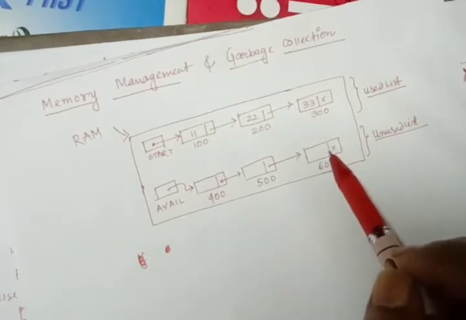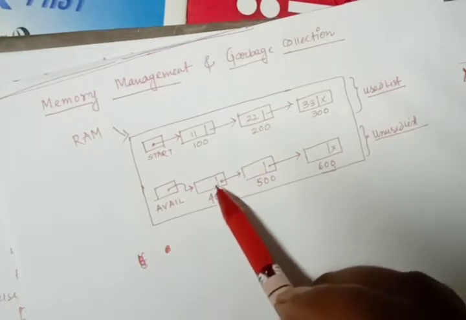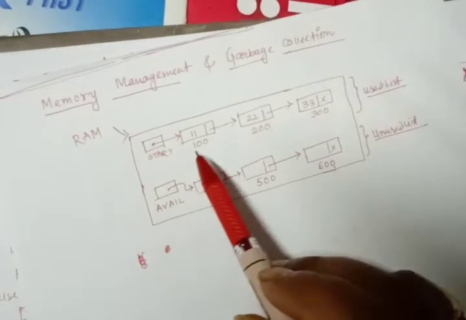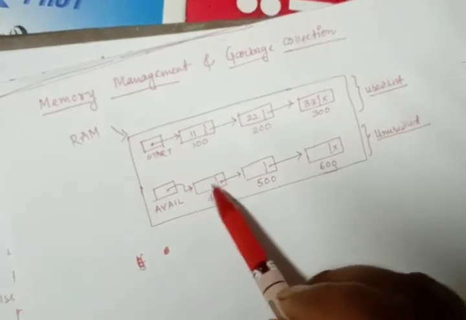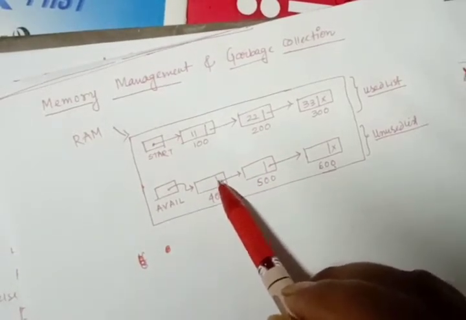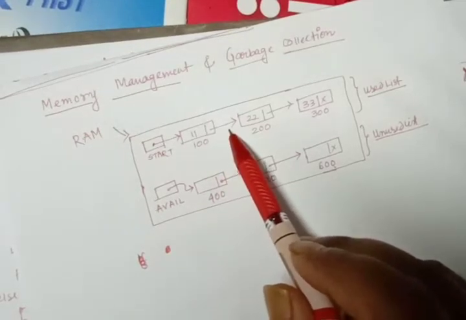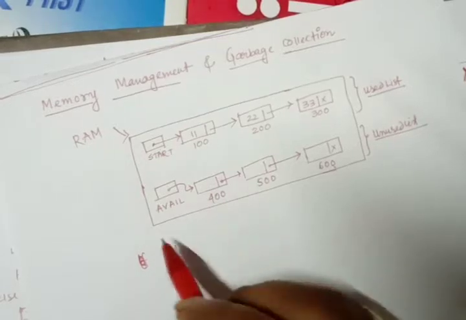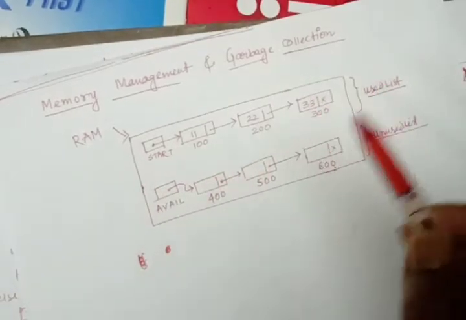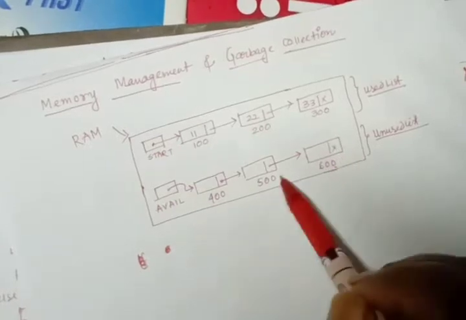So whenever a user wants to add a new node in the list, it will first check the available list. If a node is available in the available list, only then can it insert it into the linked list. There may be more than one linked list in the memory, but one available list.